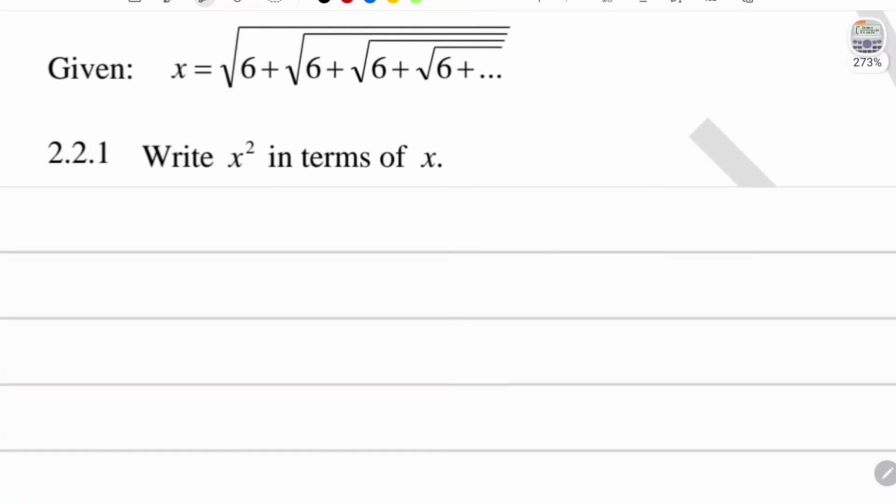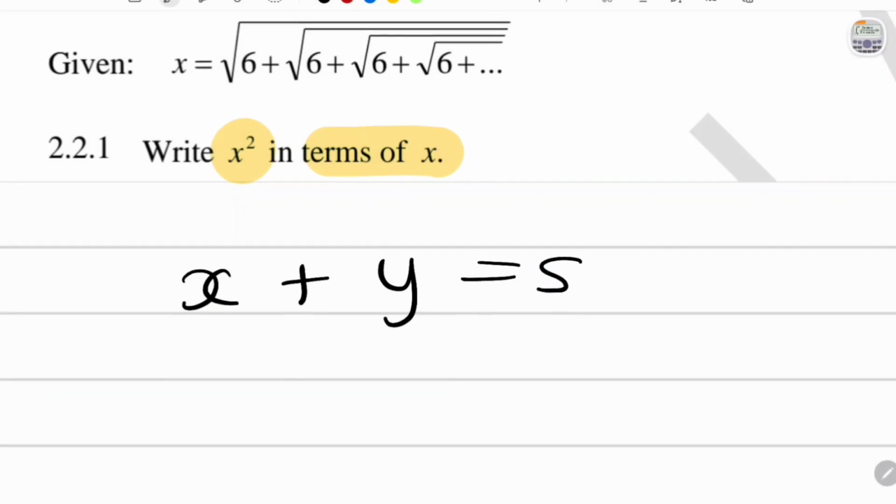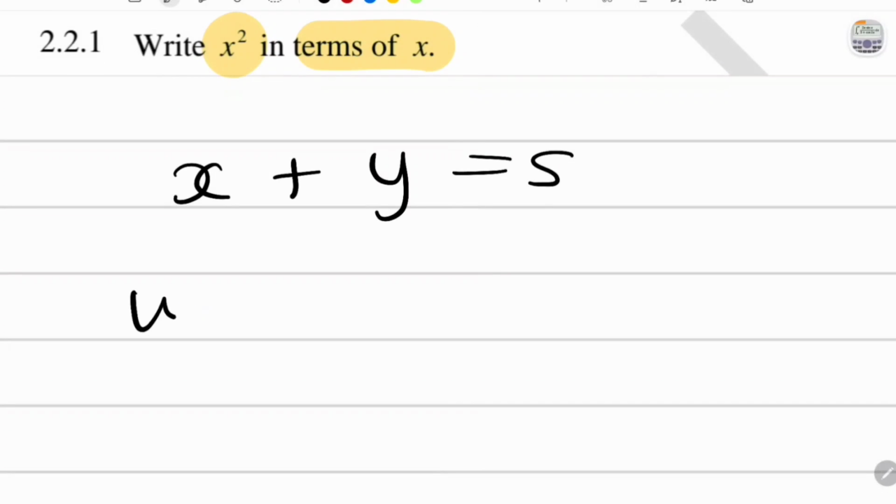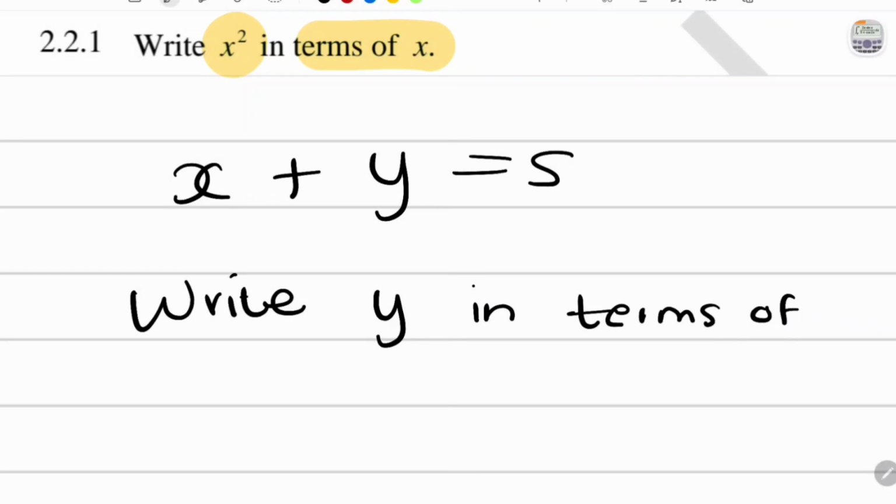So let's break that question down. They say write x squared in terms of x. Let me give you an example of what they're speaking about here. If I said we have an expression, let's say x plus y equals 5, and I asked you to write y in terms of x.